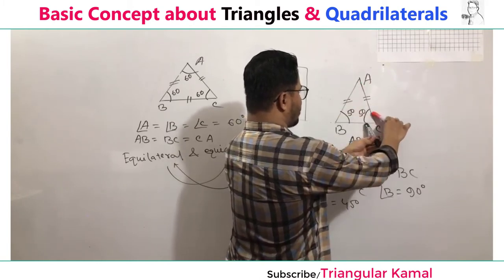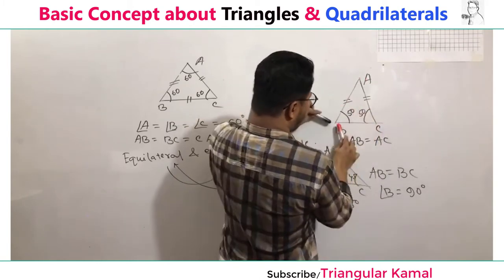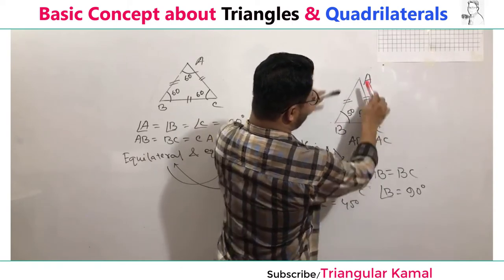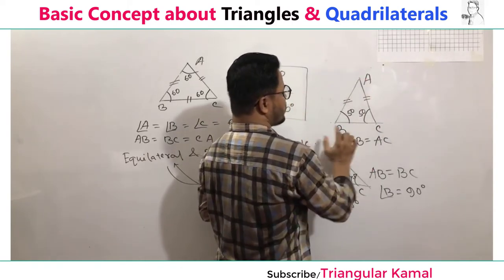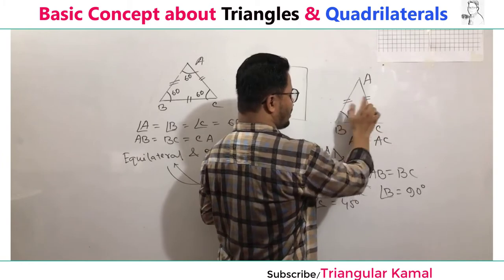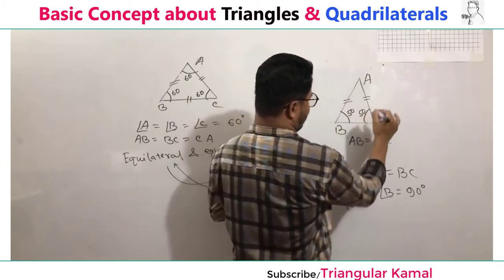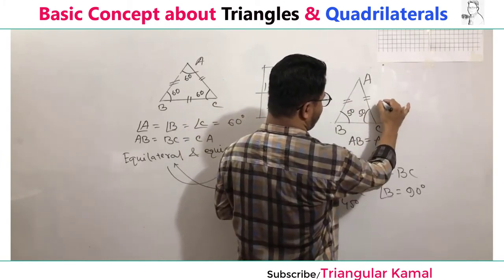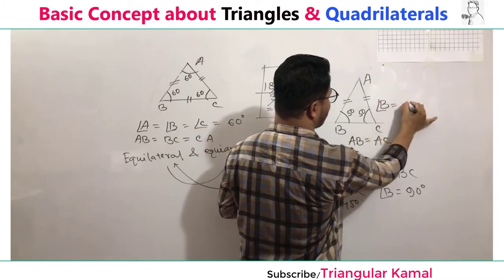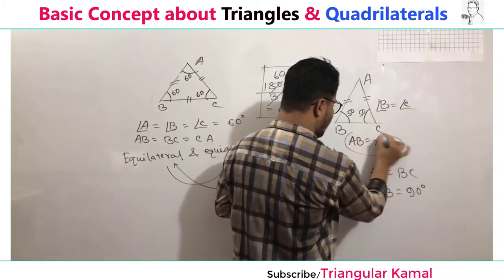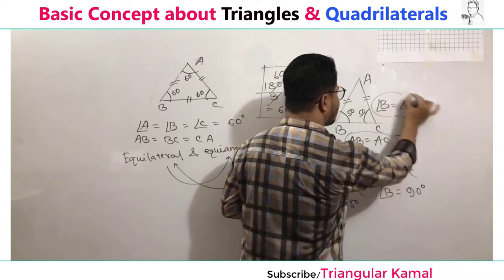The opposite side of angle B is AC. Because when two angles are equal, their opposite sides must be equal. Here angle B equals angle C, that's why their opposite sides must be equal.